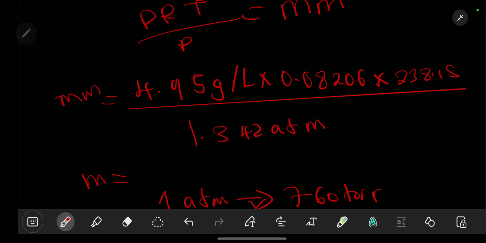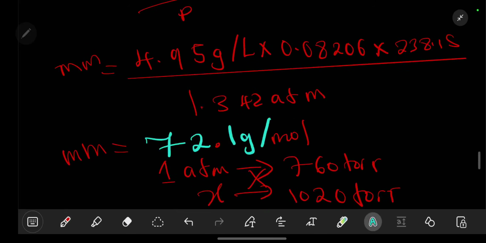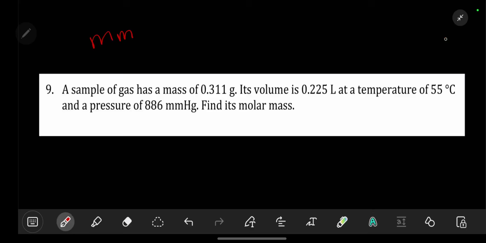We divide this by 1.342. We are going to get a value of 72.1, and the units of this are grams per mole. The molar mass is in grams per mole, like that. So this is our outcome for that problem. Let's look at our next problem.